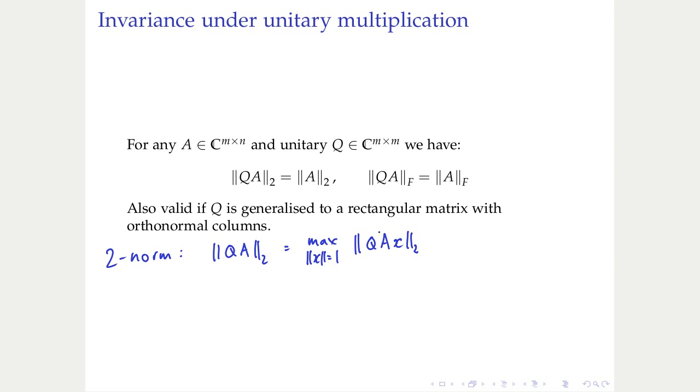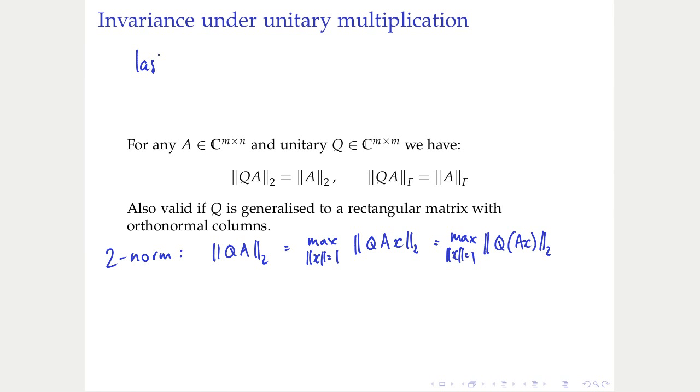Now we're dealing with a vector norm, because QAx is a vector. So Ax is a vector, Q times Ax is a vector, and we're taking the 2 norm of that.